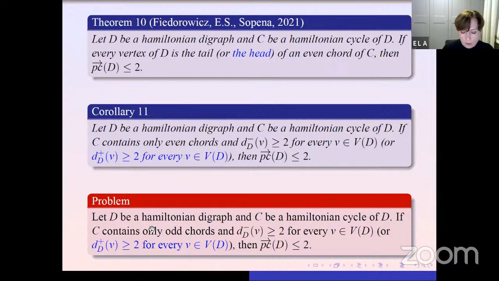So we conjecture that it is also true that if we have a Hamiltonian digraph, and the Hamiltonian cycle contains only odd chords and every vertex has in-degree at most 2, then the proper connection number is also at most 2. And also we think that it will be true for out-degree at most 2.